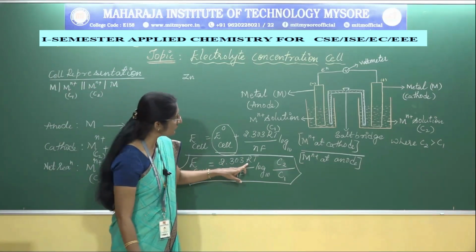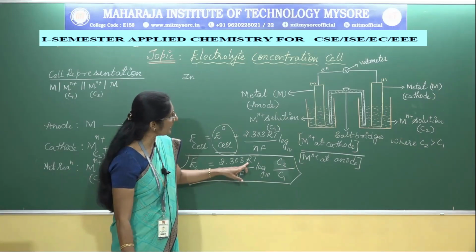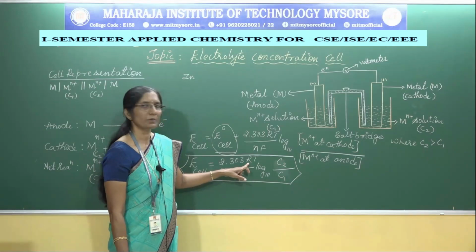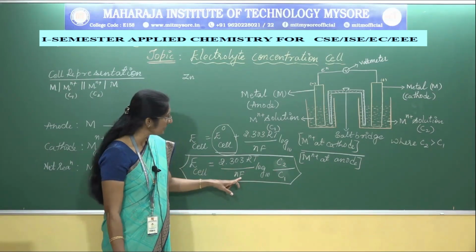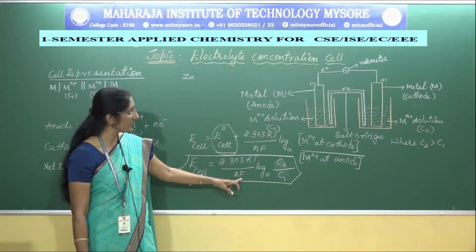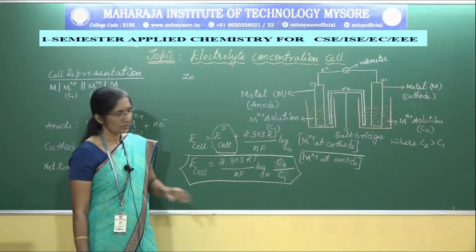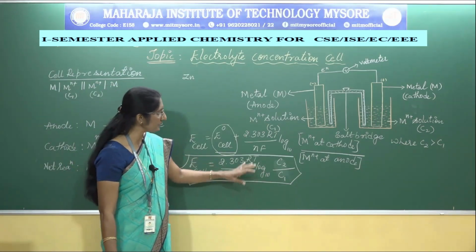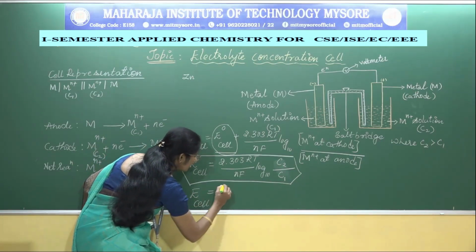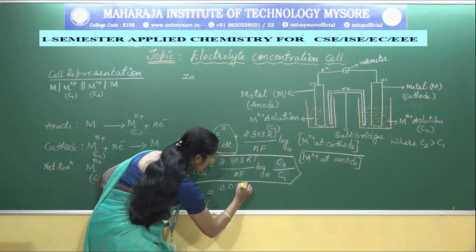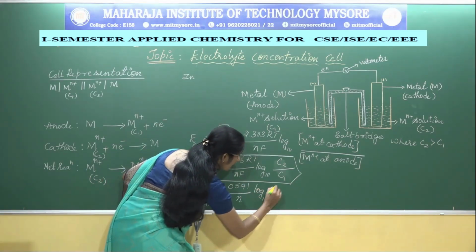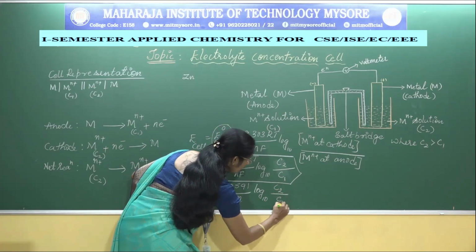Then substitute the values of R, T and F. What is the R value? R value is 8.314 joule per Kelvin per mole, T is 298 Kelvin and F is the Faraday constant, its value is 96,500 joule per volt per mole. Substituting R, T and F and simplifying, we get E cell is equal to 0.0591 divided by n log base 10 of C2 divided by C1.